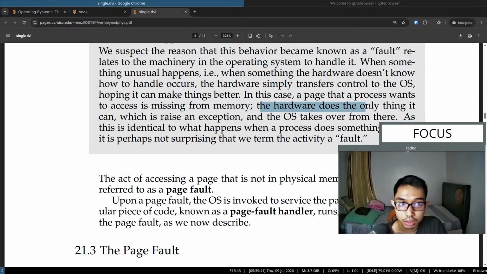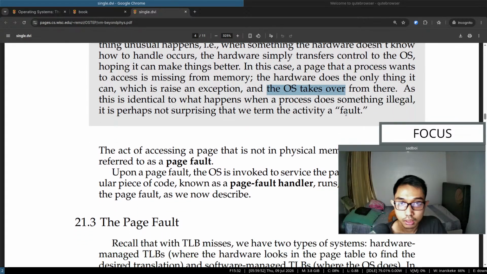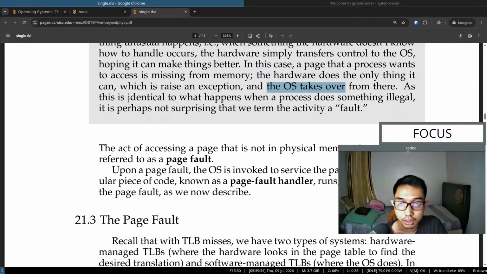The hardware does the only thing it can, which is raise an exception, and the operating system takes over from there. As this is identical to what happens when a process does something illegal, it is perhaps not surprising that we term the activity a fault.